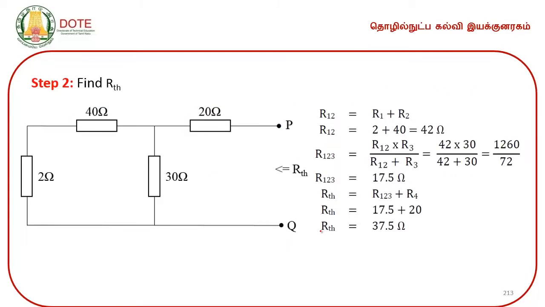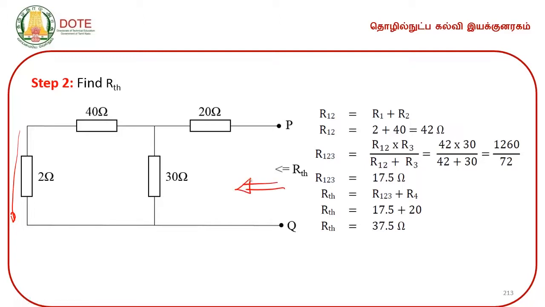For that I have already told you, to find out RTH you need to replace all the voltage sources by its internal resistance. If internal resistance of a voltage source is not given, you replace that with a simple short circuit. Here I am going to make it a simple short circuit. Then we need to find out the Thevenin's looking back resistance starting from this.